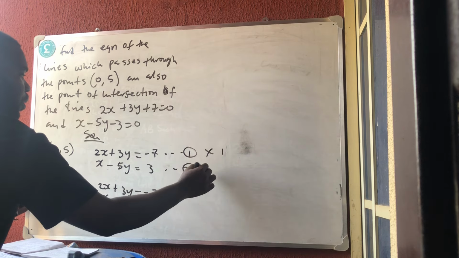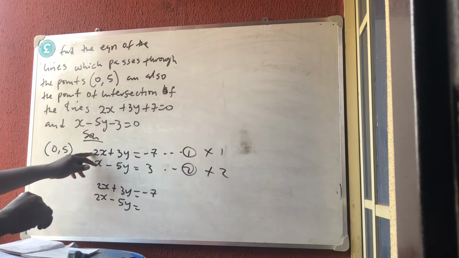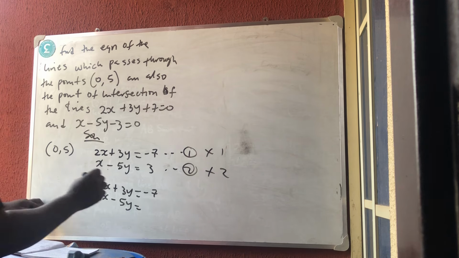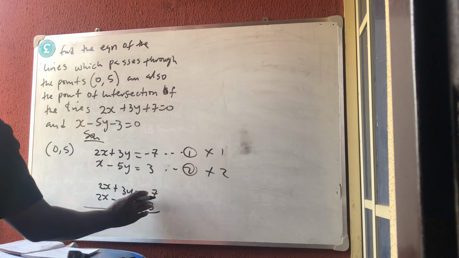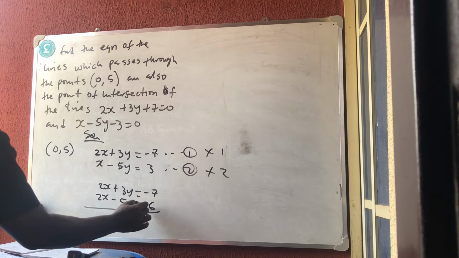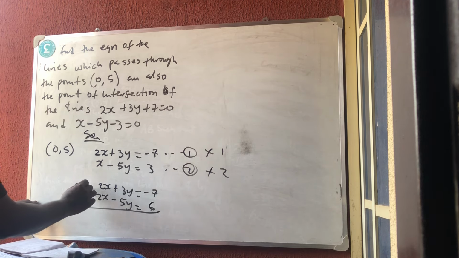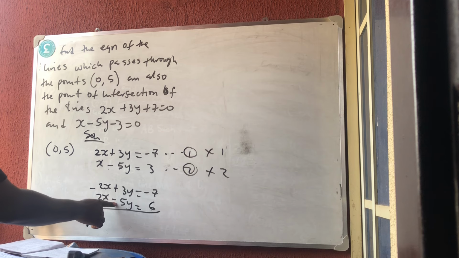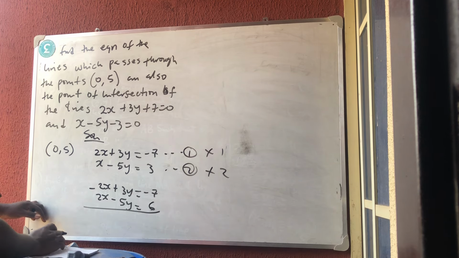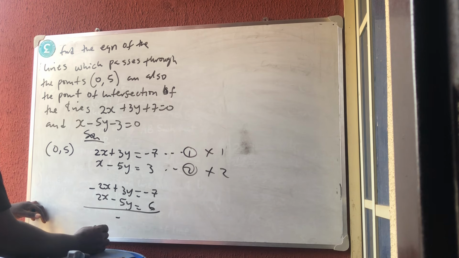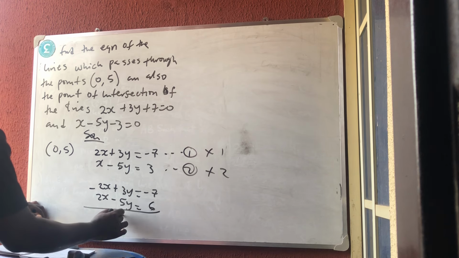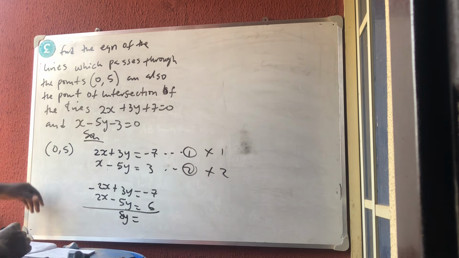Multiply this by 1 and multiply this by 2 so that their coefficients will be equal. By now you're supposed to know how to solve simultaneous equations.